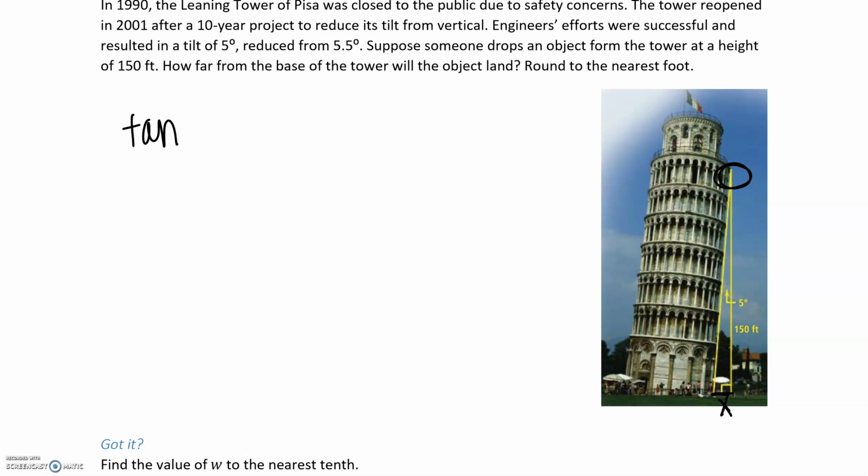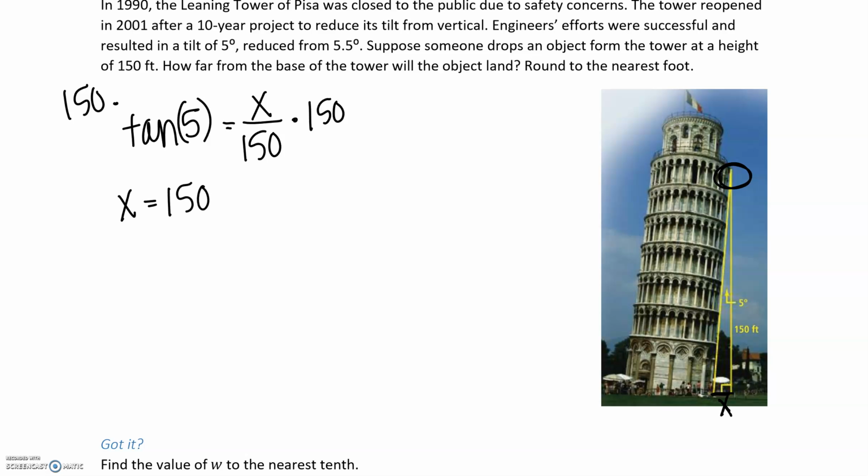So our tangent of our angle, which in this case is 5, equals our opposite, which is this x, over our adjacent, which is this 150. Okay, so when we're solving for x, we're going to multiply both sides by this 150, which leaves us with x equals 150 tangent of 5.